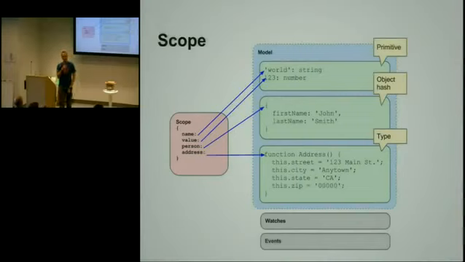Now, notice that none of this is any kind of subclass or subtype of an Angular type. So we don't force you into extending our type system in order for us to be able to do mutation observation or any kind of data binding. Your model is what you make it.